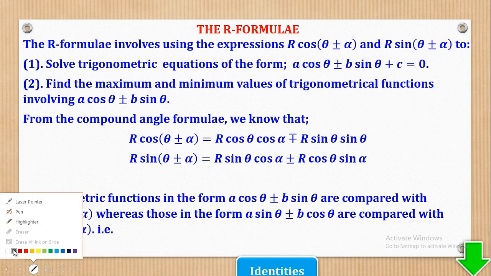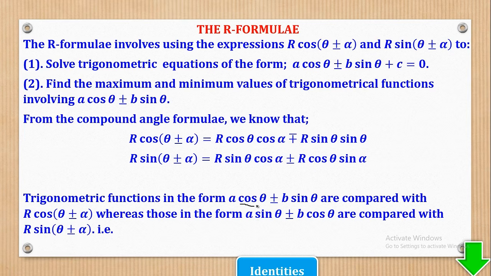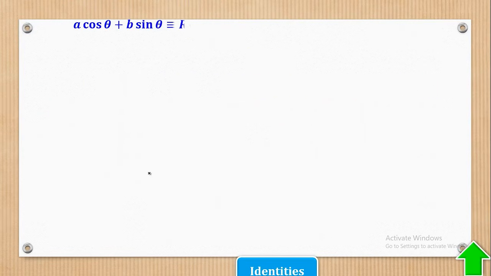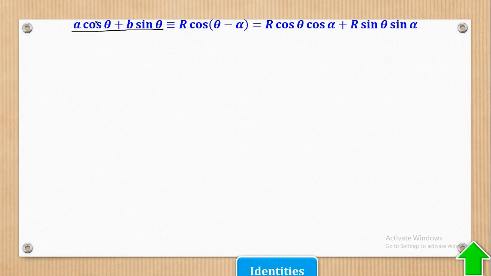It means that when you look at the first term of theta, if it is cos, your comparison will be with cos there, and if it is sine, your comparison will be with sine there. So that means that this one will be compared with this, because here there is cos and here there must also be cos.